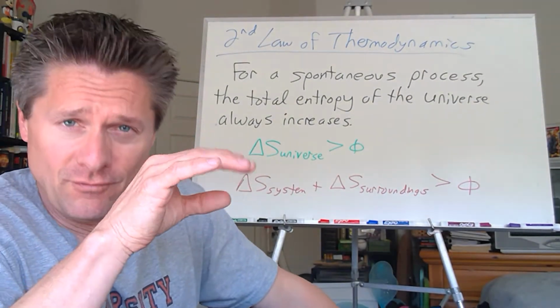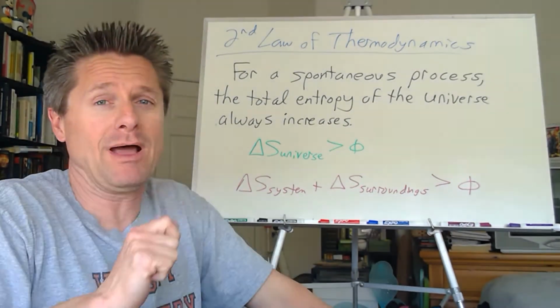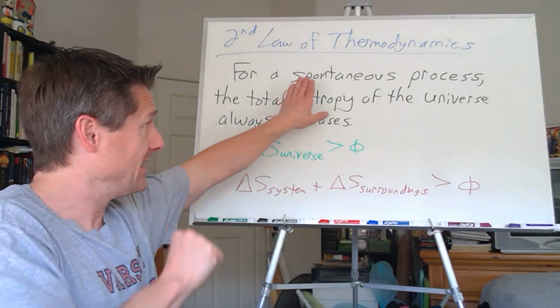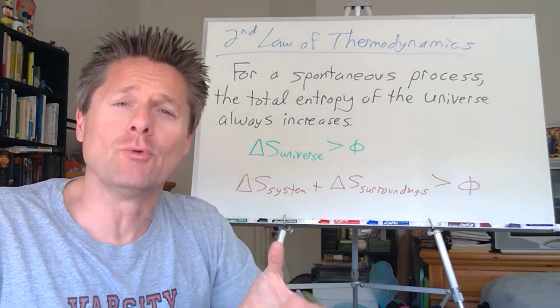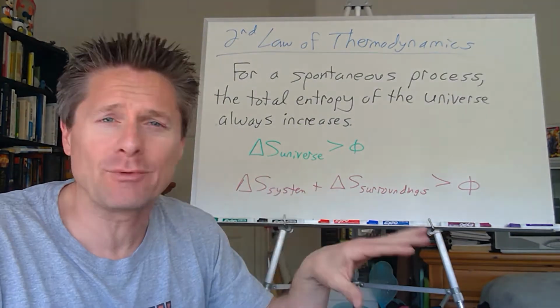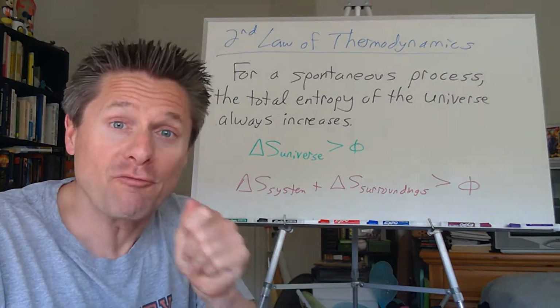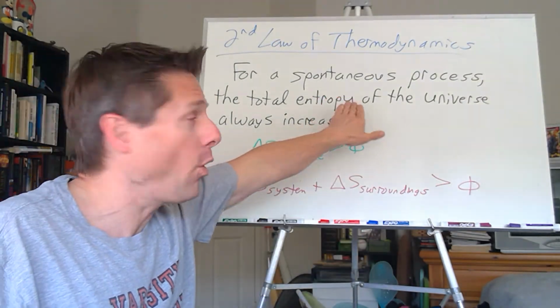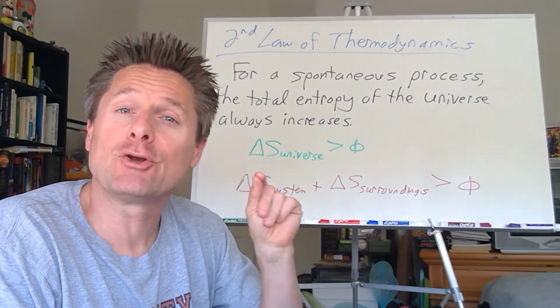Second law: this is specifically for a spontaneous process, not any process. If something is spontaneous, occurs on its own as written without any outside help, the law for that is that the total entropy of the universe must increase.